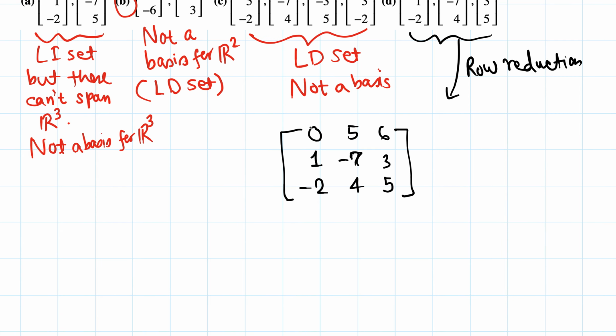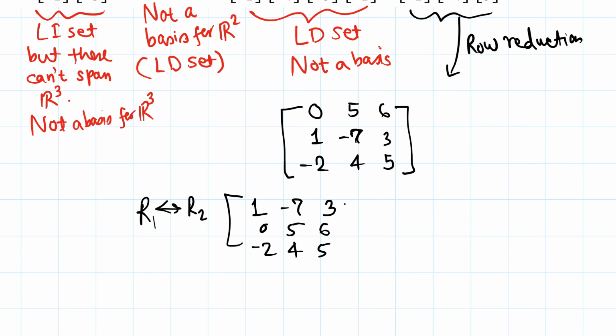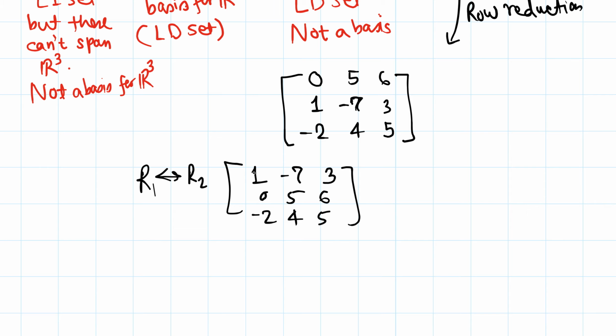So we need a pivot 1. Here's 1, so let's swap R1 and R2. We get 1, -7, 3; 0, 5, 6; -2, 4, 5. Now let's make this 0 using 1. The second row is fine: 0, 0, pivot, which is 5, that's good. We need 0 here, so first make this 0.